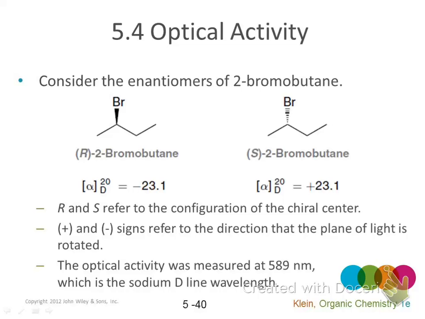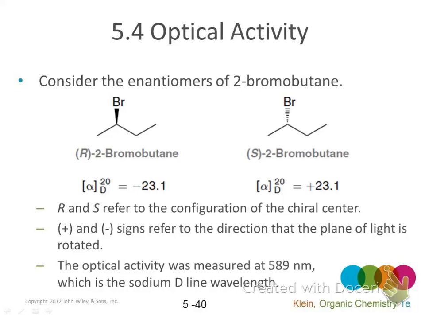Okay, so we talked about enantiomers, and the thing that we know about enantiomers is all their physical properties are basically the same, except one of the ones that we know about now is optical rotation of light. One enantiomer will turn it to the left, actually counterclockwise, and the other one will turn it clockwise. Plus means it goes clockwise, minus means counterclockwise as you look at it from the light coming at you.